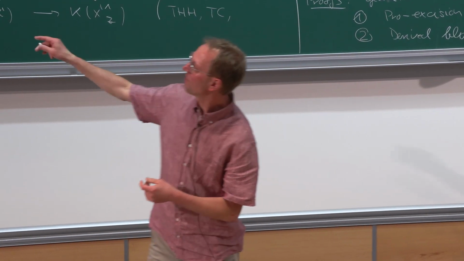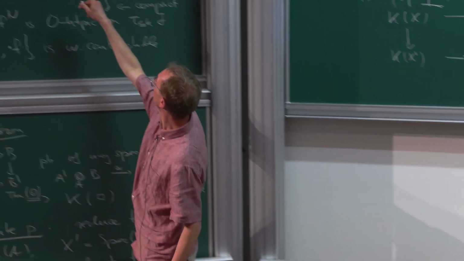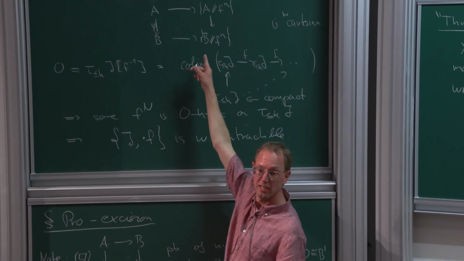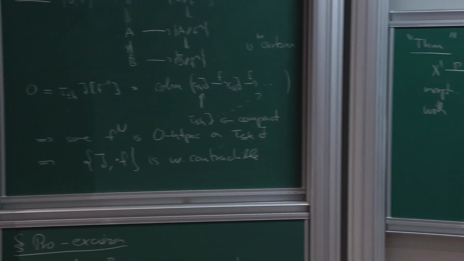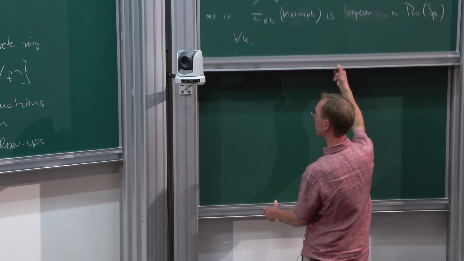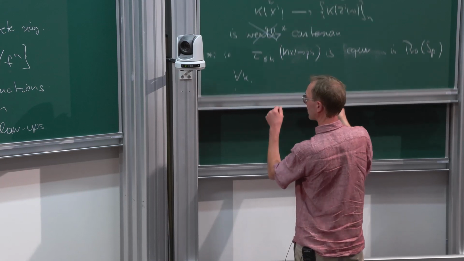Okay, but now we have the situation that we have a pullback square, and then we just know that in this particular case, let me also do it like this.